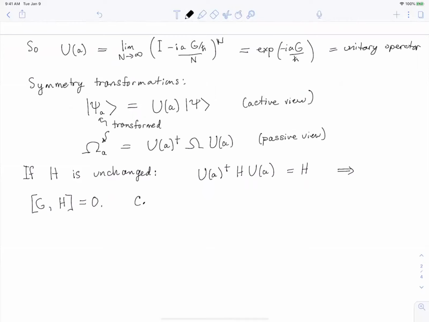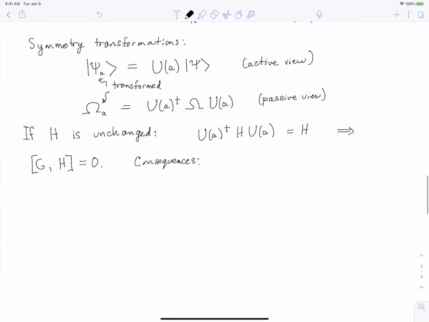And then the consequences, by exactly the same set of steps that we just did for translations, are: 1, there is a basis of common eigenstates of the Hamiltonian and the generator.